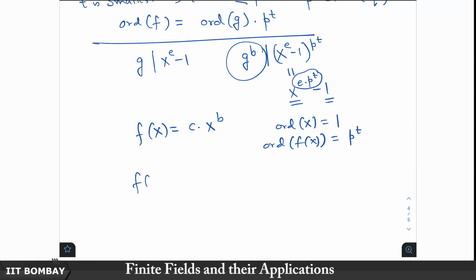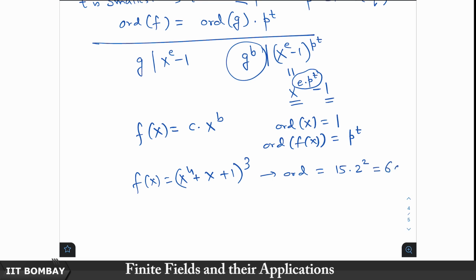Similarly, if you take f(x) equal to (x^4 plus x plus 1)^3, its order is 15 times, what is the smallest power of 2 which is bigger than 3? It is 2 squared, that is 4.